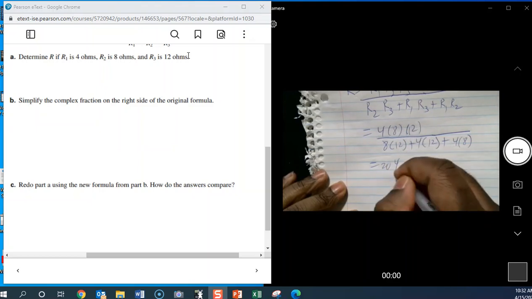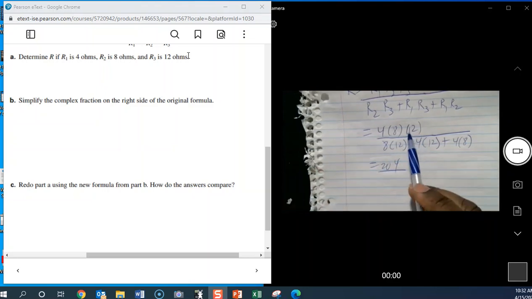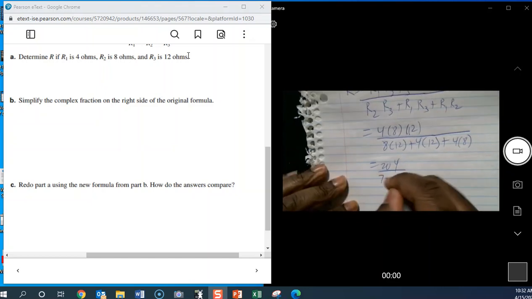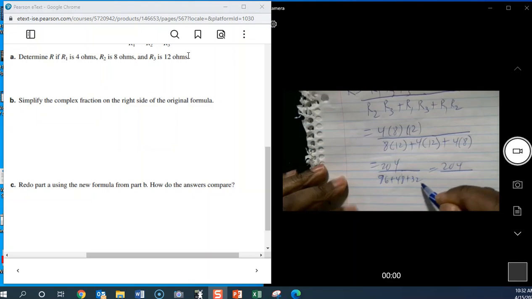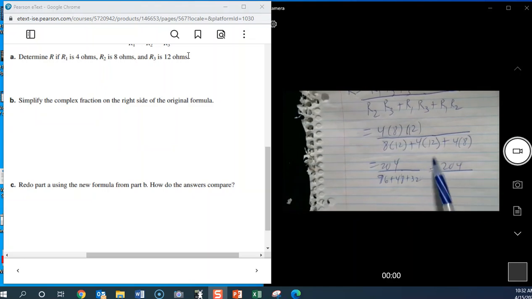And that's 204, if I'm not mistaken. Yeah. Divided by, this would be, what's this, 96 plus 48 plus 32. Yeah, 204 all over. Let's see.